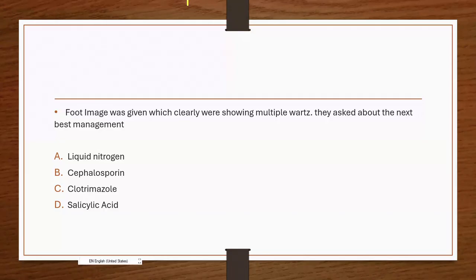Okay, what do you think? All right, so I have answered all the questions from the previous question. Here you have answers. A, liquid nitrogen. B, cephalosporin. C, clotrimazole. D, salicylic acid.